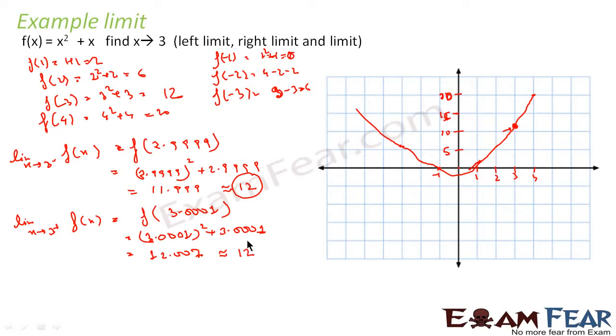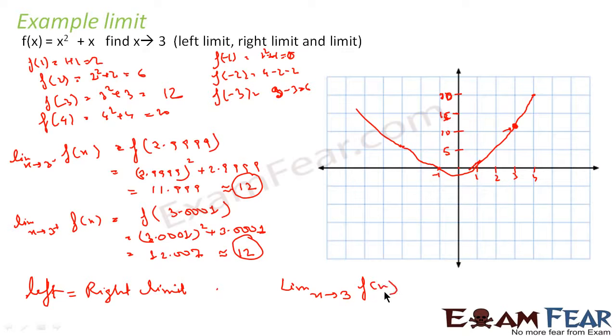So now we observe that here also the left limit is equal to the right limit. So we can say that limit of fx as x tends to 3 exists, and its value is nothing but 12, and that is our answer.